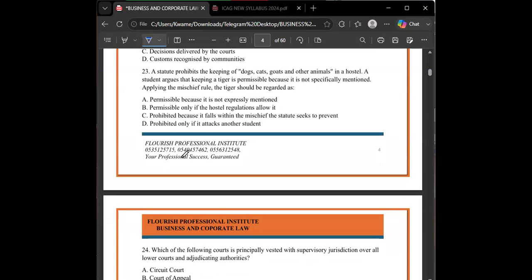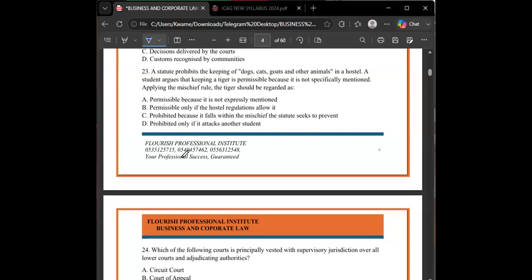Applying the mischief rule, the tiger should be regarded as: A. permissible because it is not expressly mentioned, B. permissible only if the hostel regulations allow it, C. prohibited because it falls within the mischief the statute seeks to prevent, and D. prohibited only if it attacks another student.